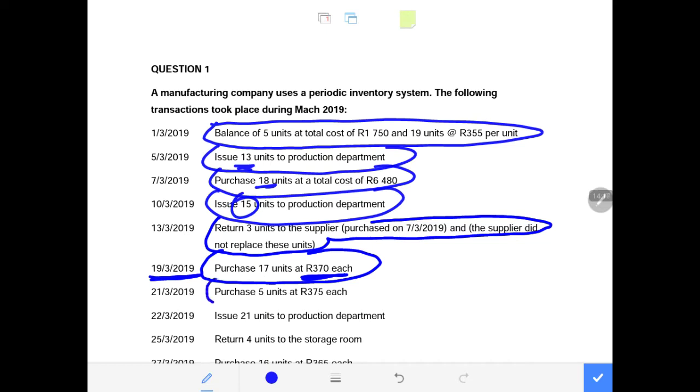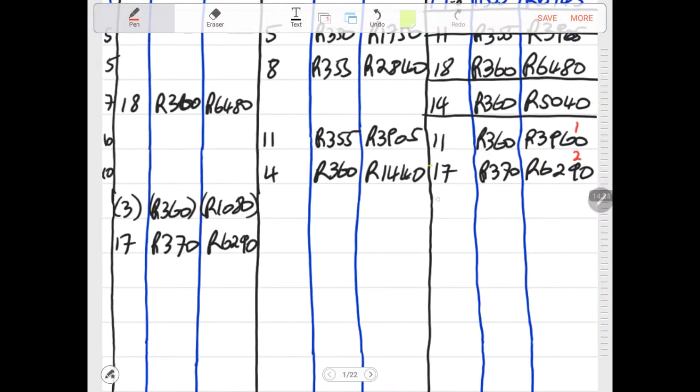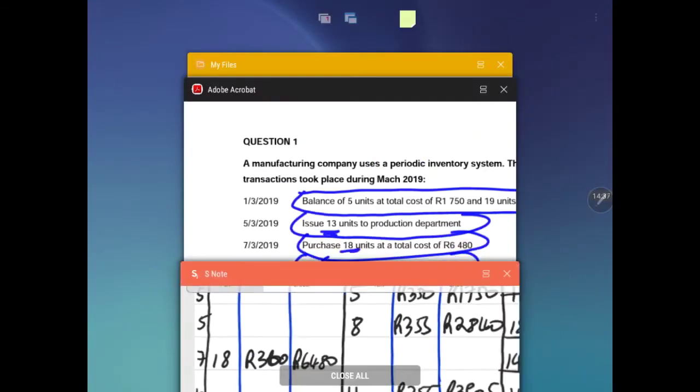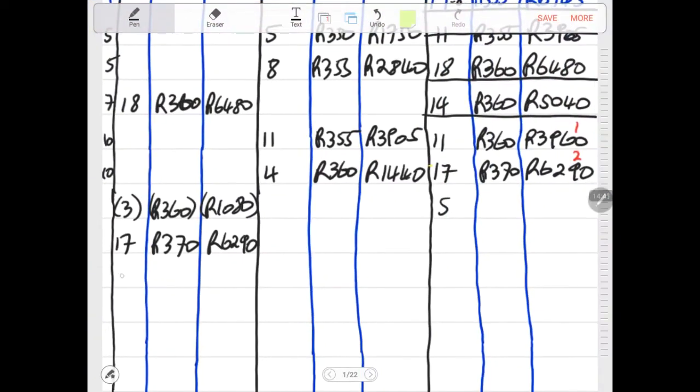The next transaction is a purchase of 5 units at 375. We purchased 5 units at 375. I need to record it first under purchase. 5 units at 375.